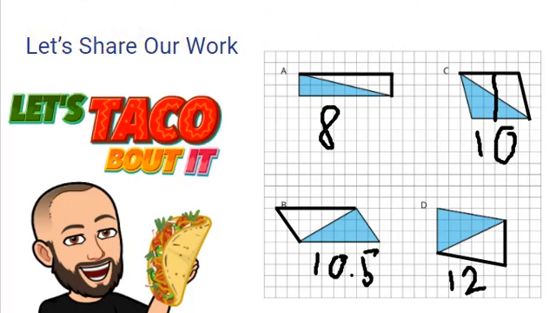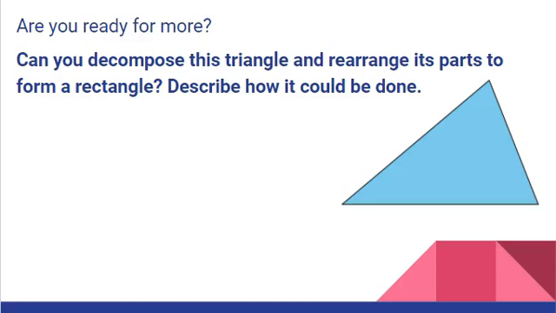Let's move on. So knowing what we did before with the triangles and making parallelograms, realizing that the triangle made half of the parallelogram, what can we say about this situation here? Well, we can still figure out how much it would be, right? All we'd have to do is figure out what the base is, right?